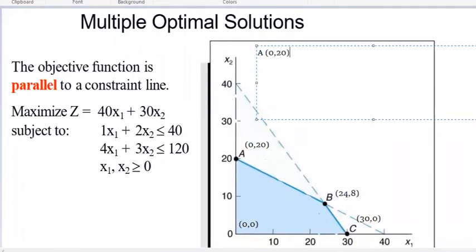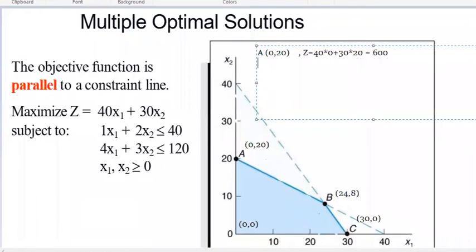For A, we get z equal to 40 into 0 plus 30 into 20. It is equal to 600.